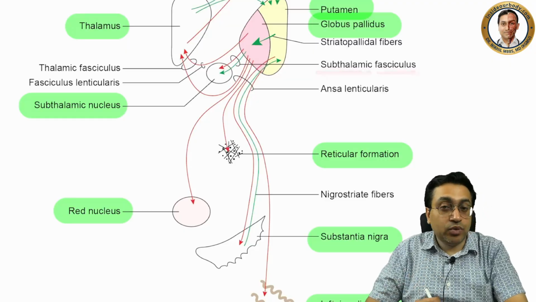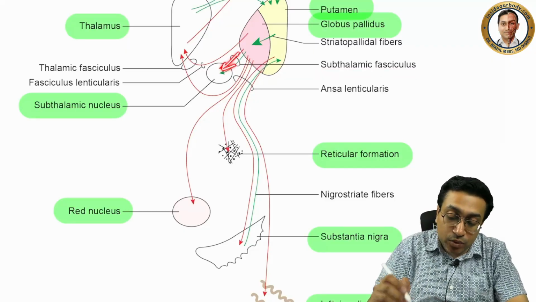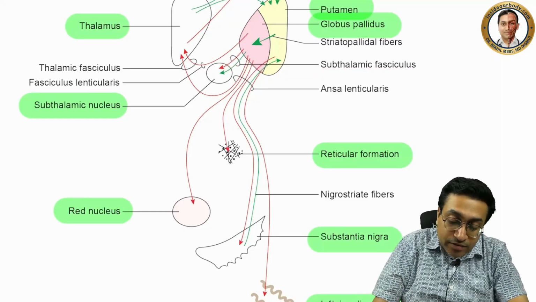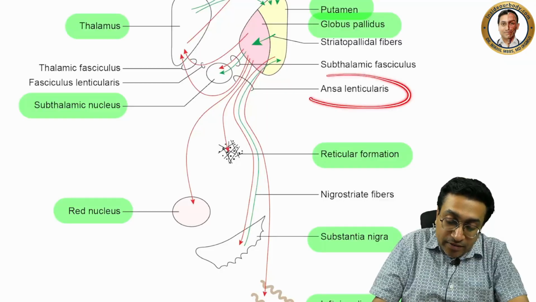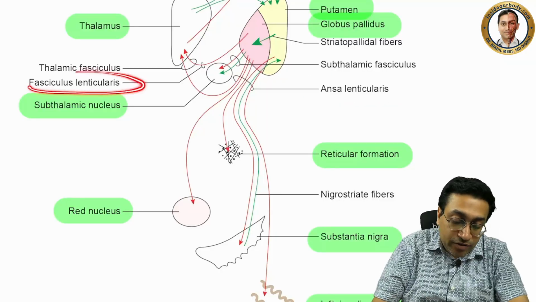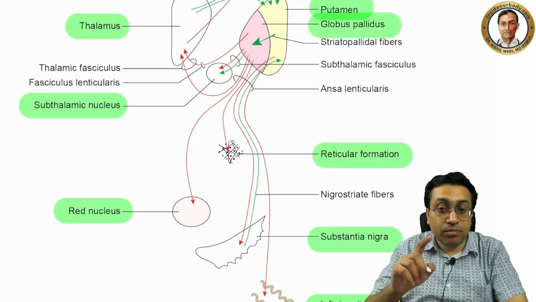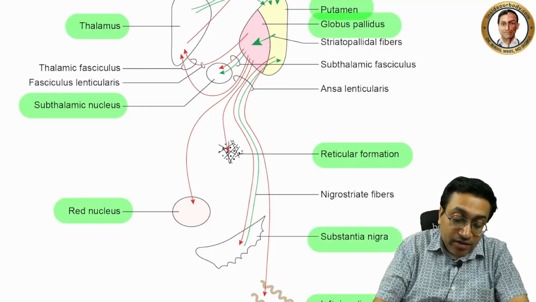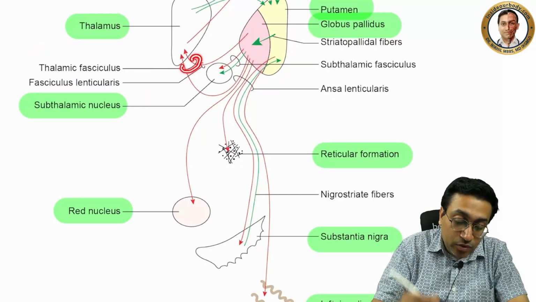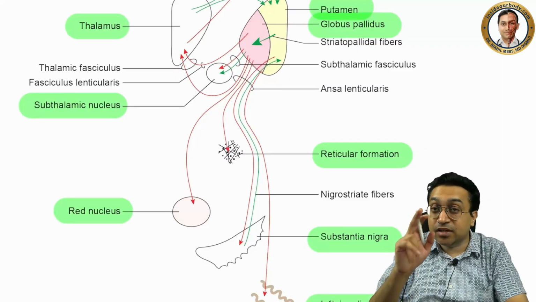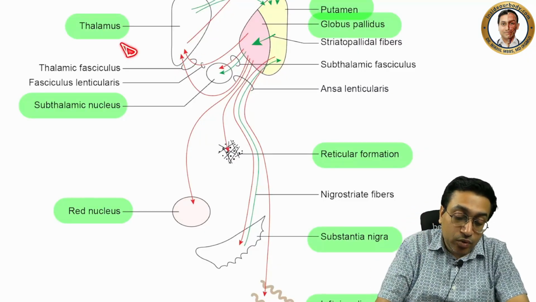subthalamic fasciculus, to the subthalamic nucleus. Then you have this bundle again, ansa lenticularis. Then you have fasciculus lenticularis. Similarly, thalamic fasciculus. You remember thalamic fasciculus had this fasciculus lenticularis, plus there was another thing, that was the dentato-rubrothalamic tract, if you remember, right?